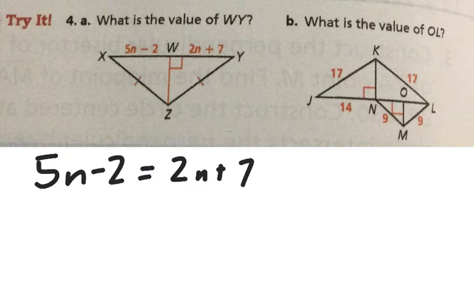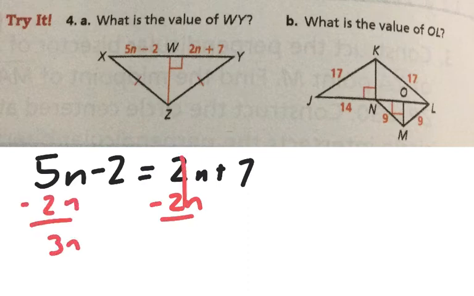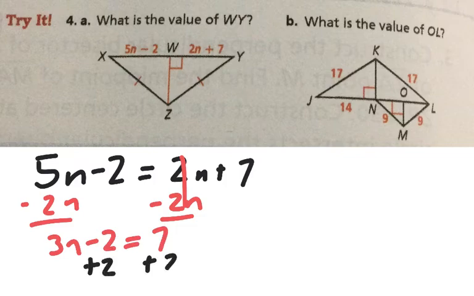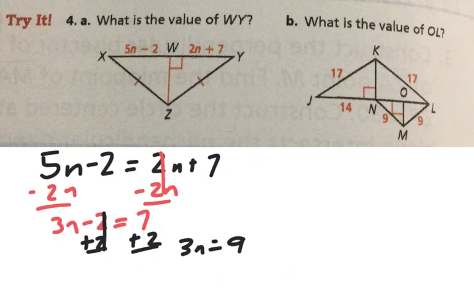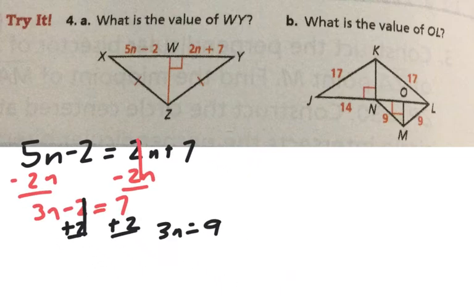So these two segments are also equal. We set them equal and then solve. Subtract 2n, so 3n minus 2 equals 7. I would add 2, which tells me 3n equals 9. Then I would divide by 3. That tells me n is 3.